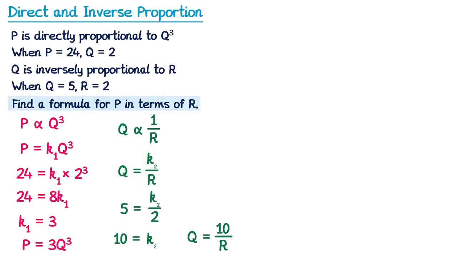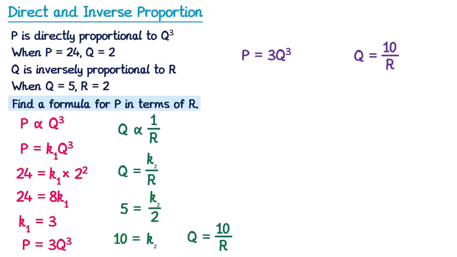Now we're ready to find a formula for p in terms of r. So if we take the two relationships we've already found, p is equal to 3q to the power 3 and q is equal to 10 over r. So here we have p in terms of q and also q in terms of r, but we've been asked for p in terms of r.